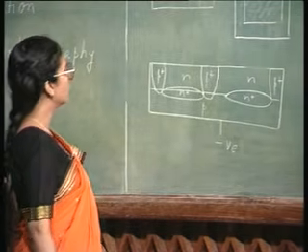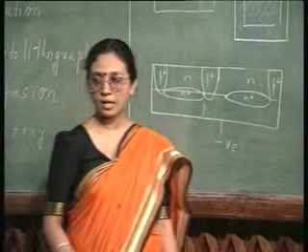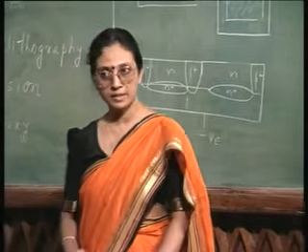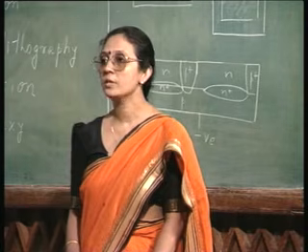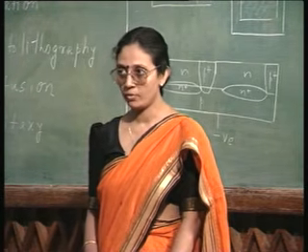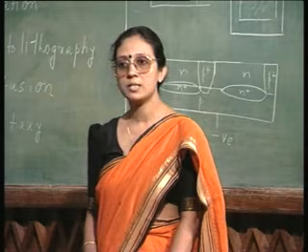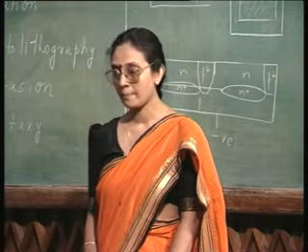So, now my task is relatively simple. I have realized the collector, I have realized the isolation between adjacent devices. All I have to do now is to realize the base and the emitter, right.